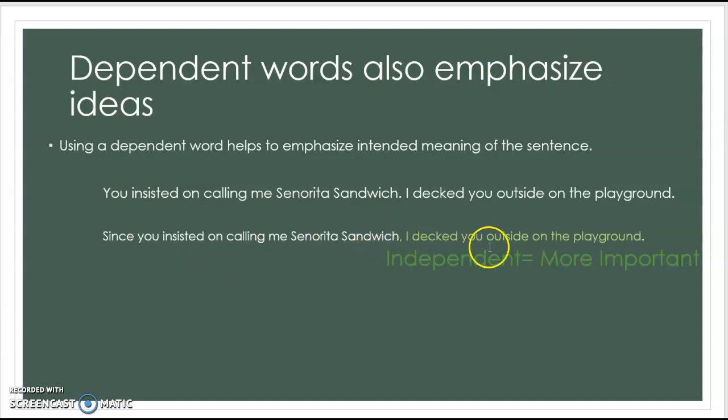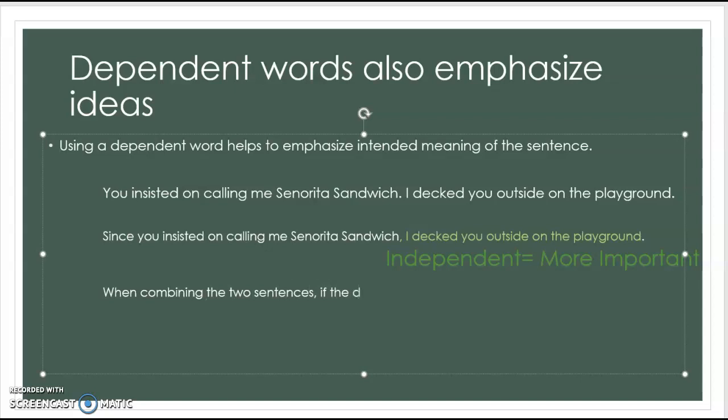Notice when I am starting, let me write this down, when combining the two sentences, if the dependent word starts the newly combined sentence, it needs a comma after the dependent clause.